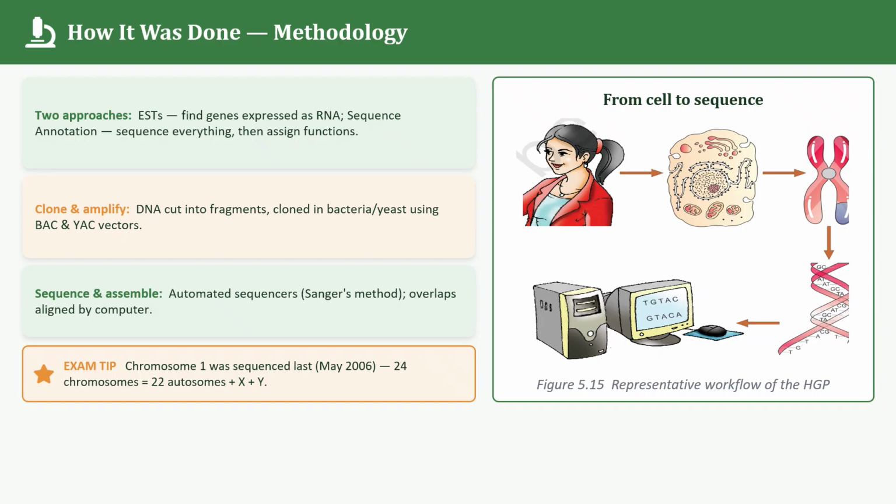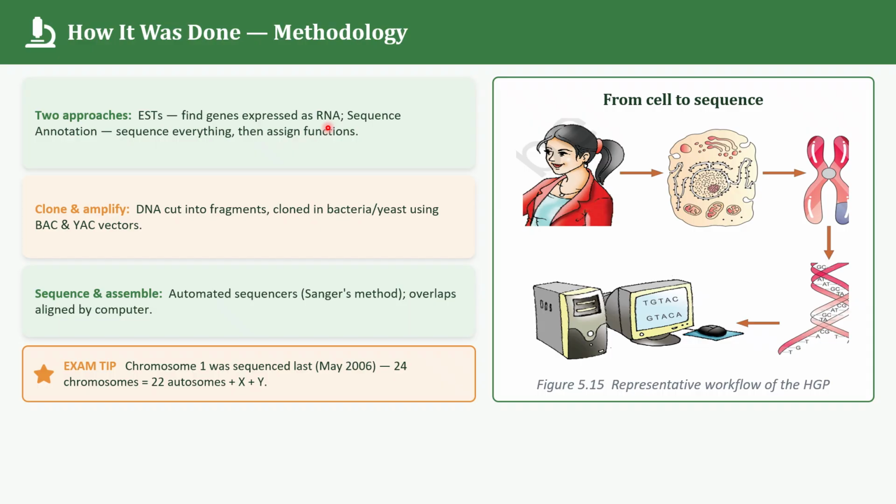Okay, so HGP used two major approaches. Let's see the first approach. The first approach was expressed sequence tags, that is ESTs. It focused on identifying the genes that are expressed as RNA. When a gene is active, it can be transcribed to produce RNA, that we know.